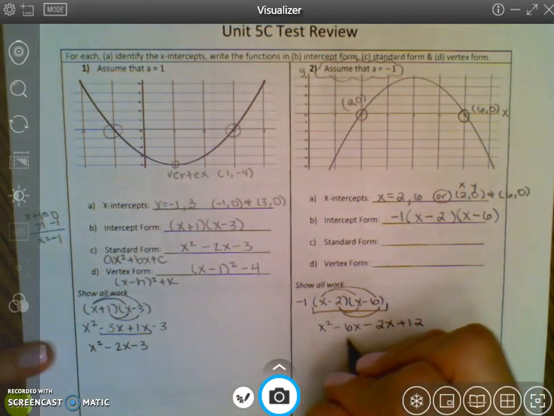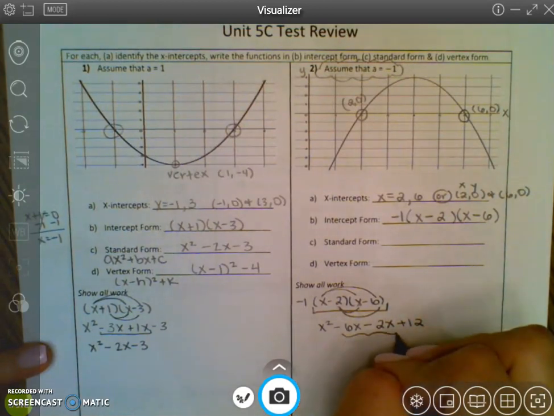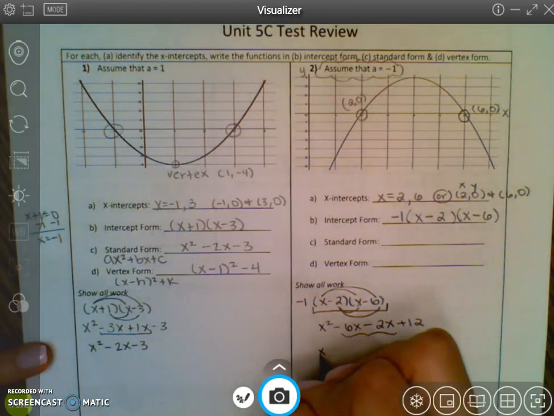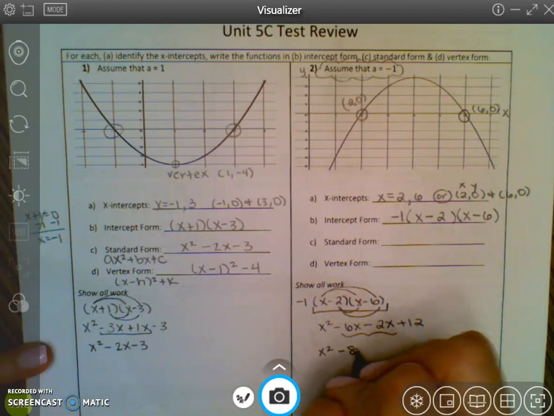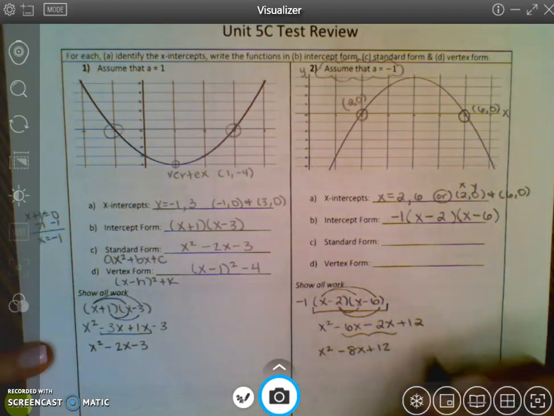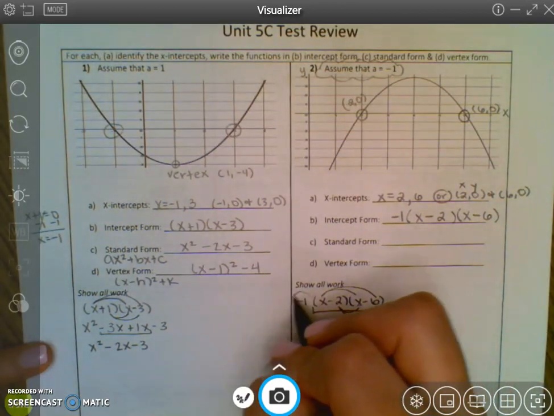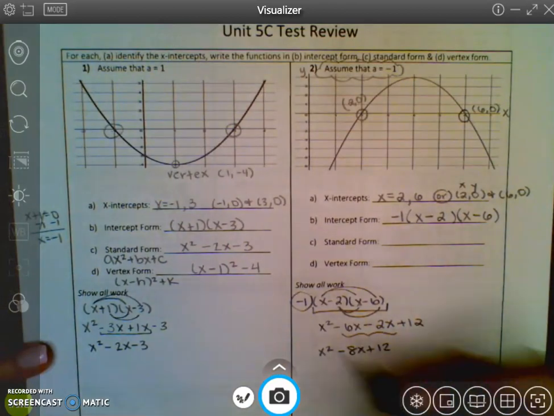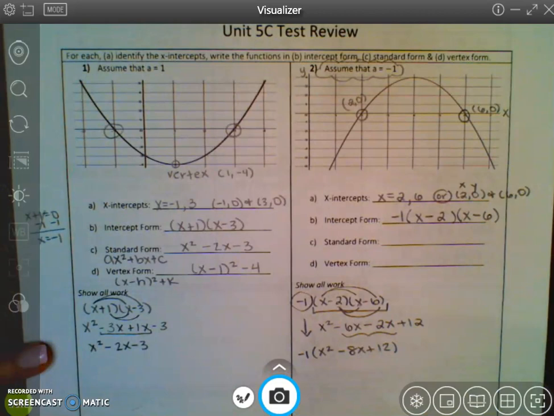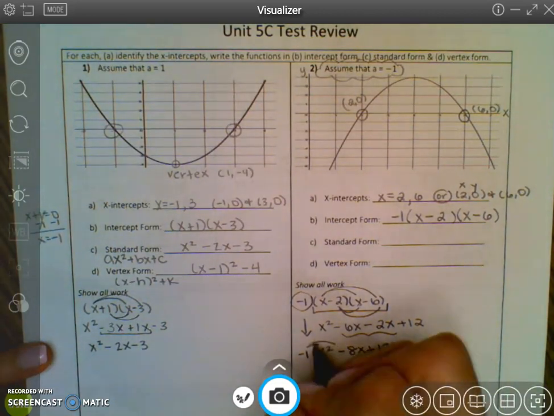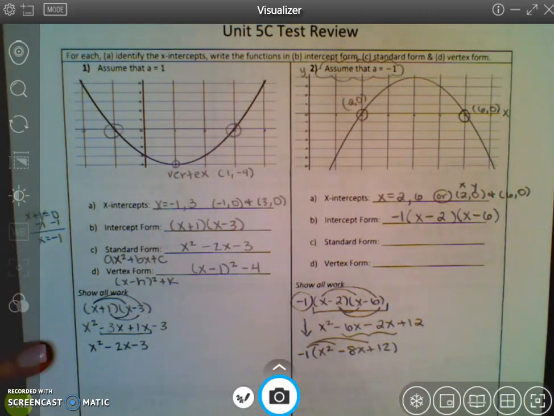Then I'm going to add like terms, which are these guys: x squared minus 8x plus 12. But I'm not done because I have this guy up here I didn't mess with yet. So you have to bring him down. Then I have to distribute that -1 into everything in the parentheses because standard form means there's no parentheses left.